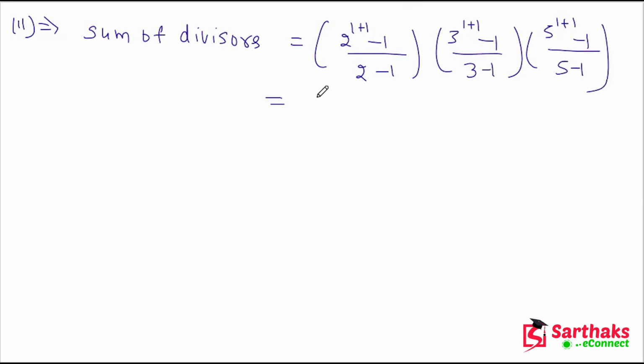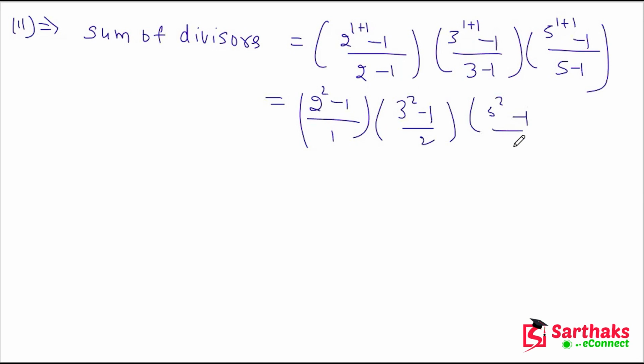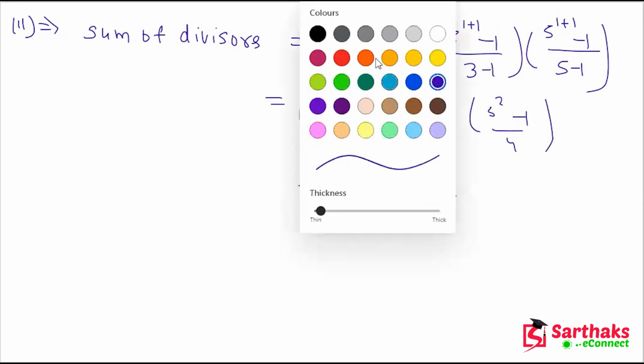So the result is (2 squared minus 1) divided by 1, (3 squared minus 1) divided by 2, (5 squared minus 1) divided by 4. If we solve this, we get the answer 72.